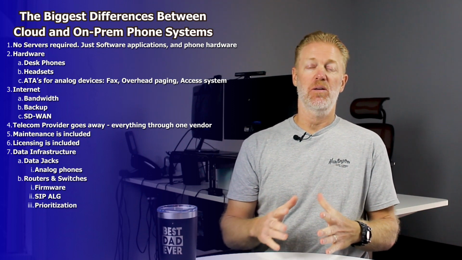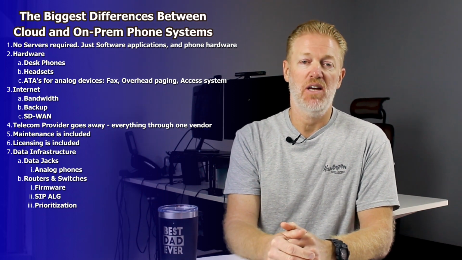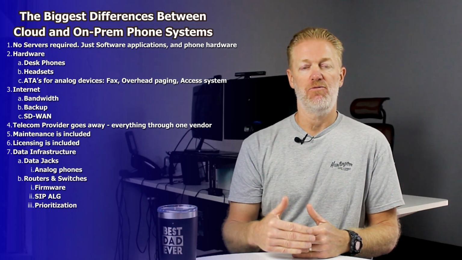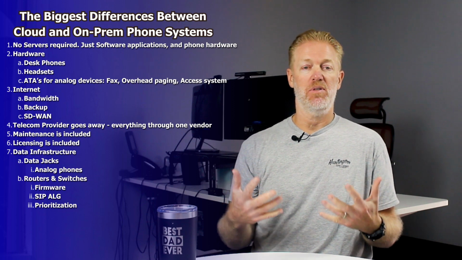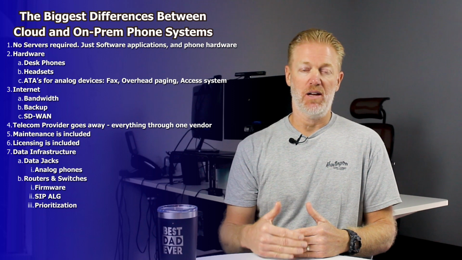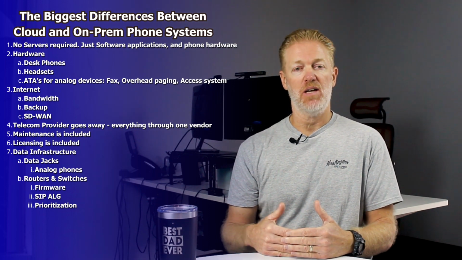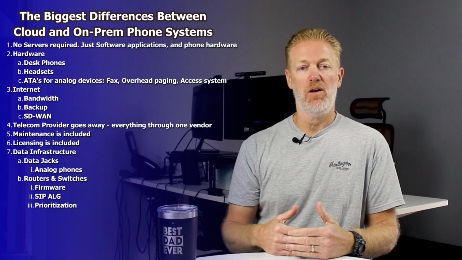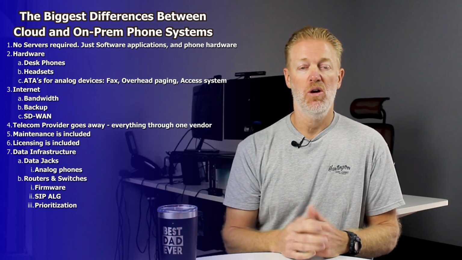And lastly, something you might want to do is make sure that you have prioritization set up on your routers or SD-WAN device to prioritize voice calls over other internet traffic. Voice is a real-time data transmission, as you know, so that should take first priority. Like voice and video should be priority number 1. And after that, like email, that type of thing, or CRM type of traffic. But you just want to make sure that the low priority traffic is low priority and the voice takes precedence when it comes to routing data.